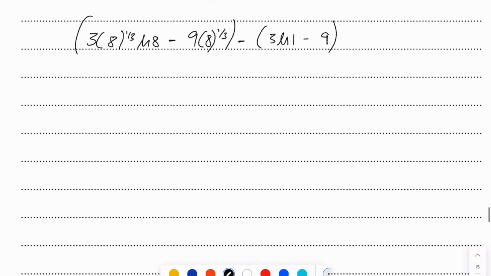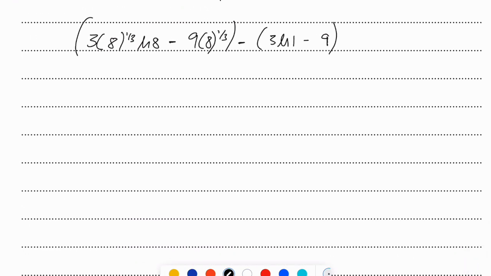So 8 to a third is 2, so we could turn that into 6. So we got 6 ln 8 minus 18.